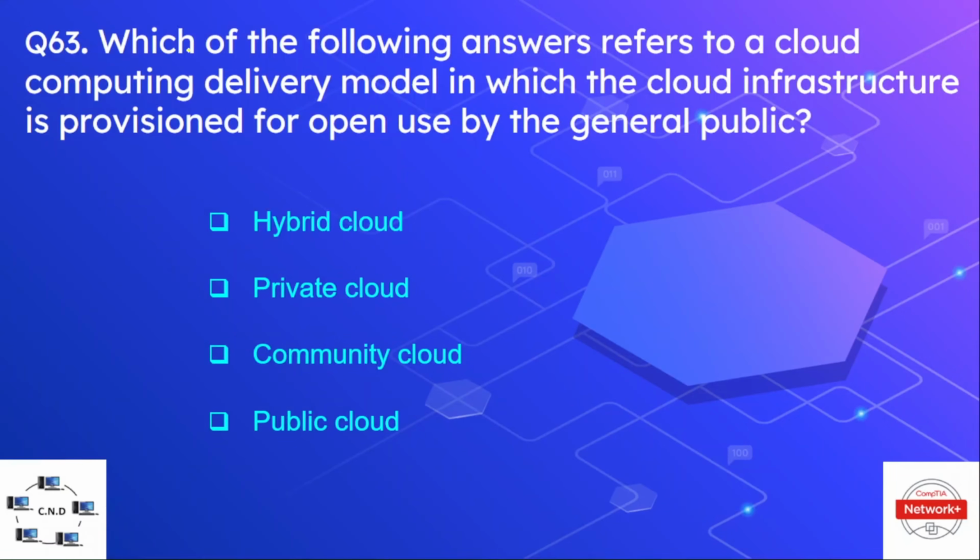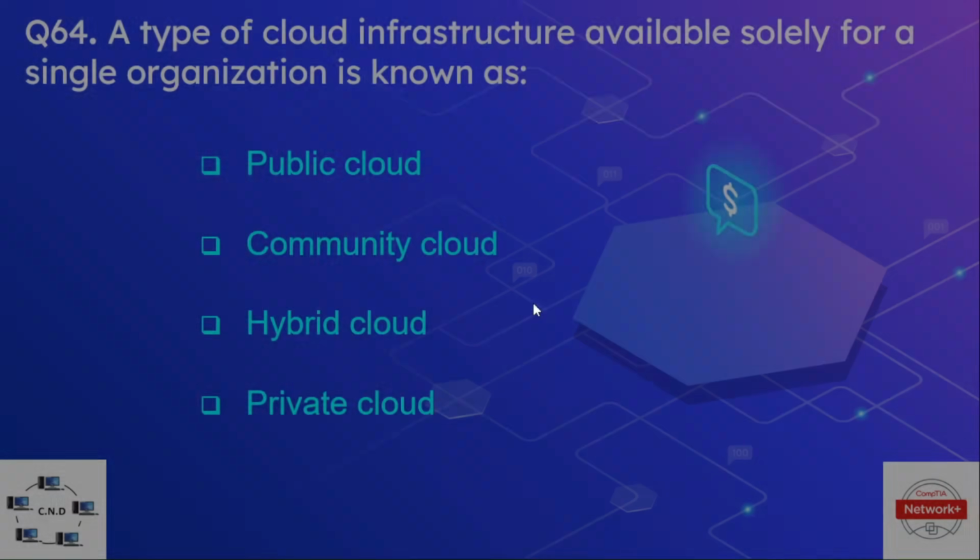Question number 63 is which of the following answers refers to a cloud computing delivery model in which the cloud infrastructure is provisioned for open use by the general public? The options are hybrid, private, community, and public cloud. So since we are talking about the consumption by the general public, the correct option is public cloud.